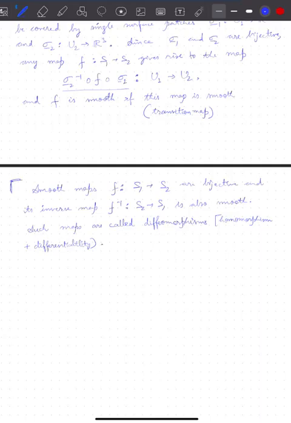And the surfaces S1 and S2 are called diffeomorphic to each other only if, of course, such a diffeomorphism exists.